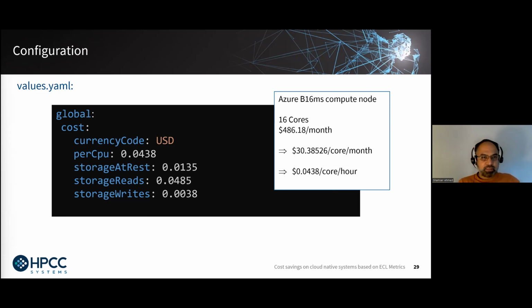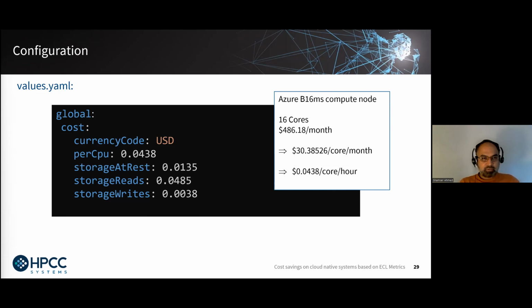The third field is the at rest cost. That's the cost of storing a gigabyte of data for a month. And the fourth is the cost of 10,000 read operations. So here we're saying 10,000 read operations are going to cost 4.85 cents.